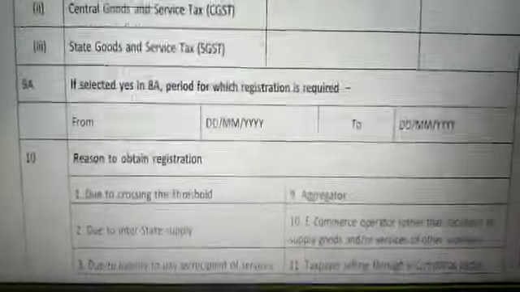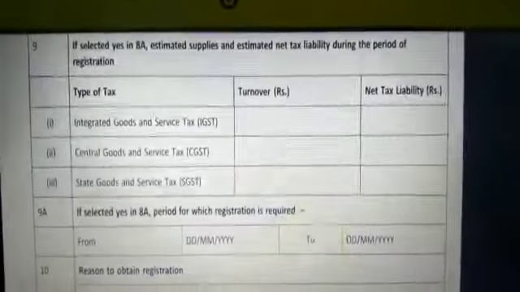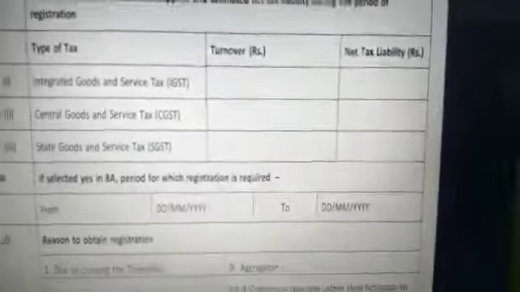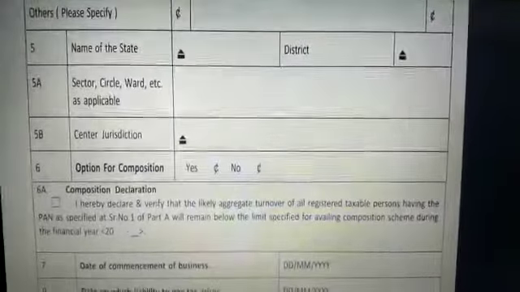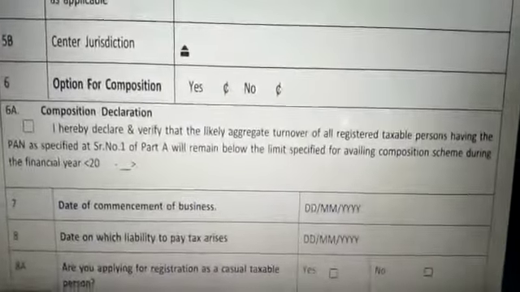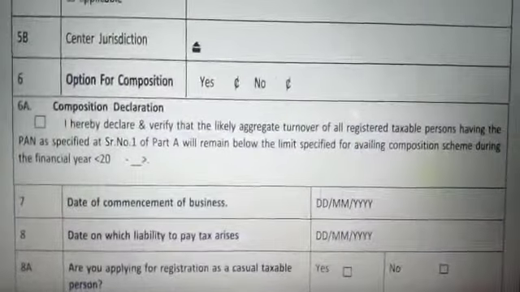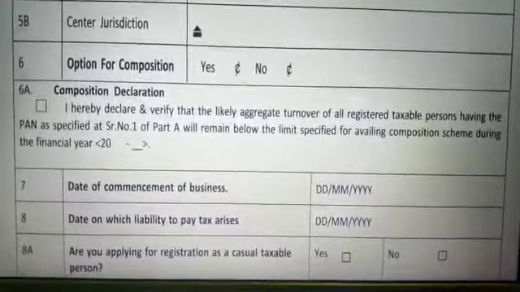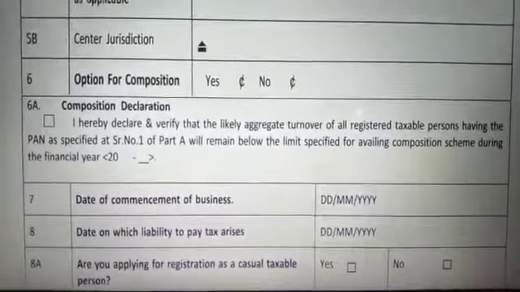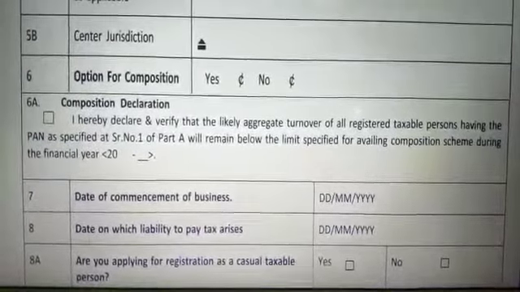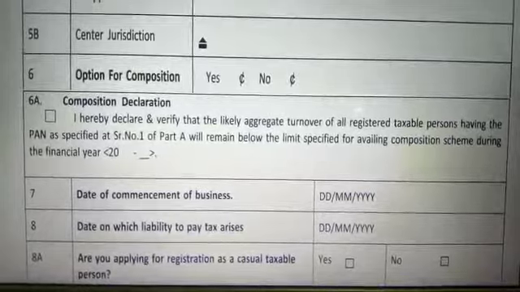Moving on, you have the date of commencement of business and things like that. Then the date on which liability to pay tax arises, meaning exactly one month or the 10th of the subsequent month. Then whether you are applying for registration as a casual taxable person.